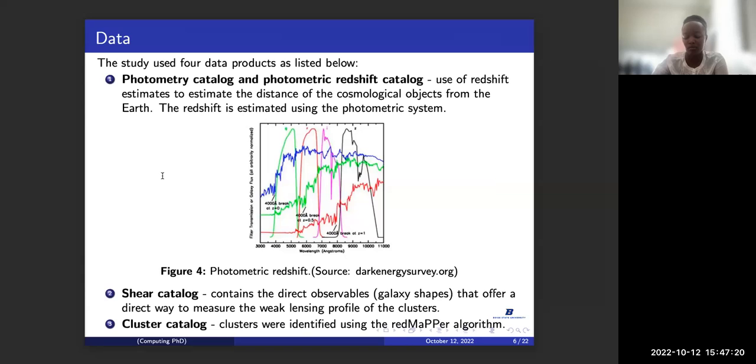The systematic effects were modeled for the shear, the photometric, and the miscentering and the dilution. They were all modeled as part of a likelihood function to try and regenerate the data. Running the MCMC, we're able to estimate the parameters associated with those models, and then they were corrected when estimating the weak lensing mass.